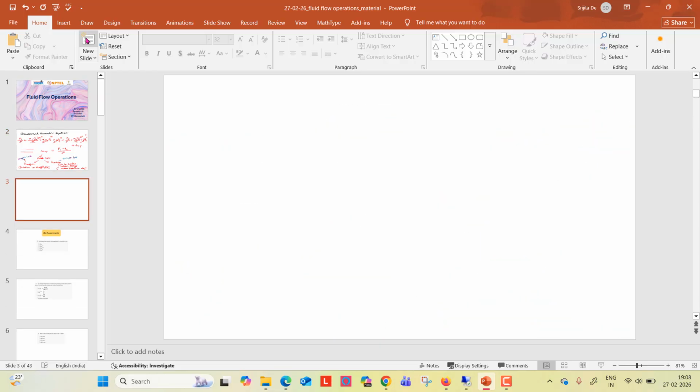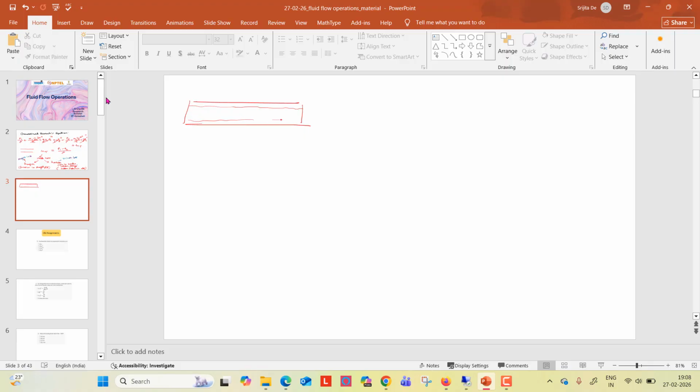Now, how do we represent where energy is lost, or head is lost basically? So suppose there is a pipe. They have the same exposed surface. This is minorly curved.